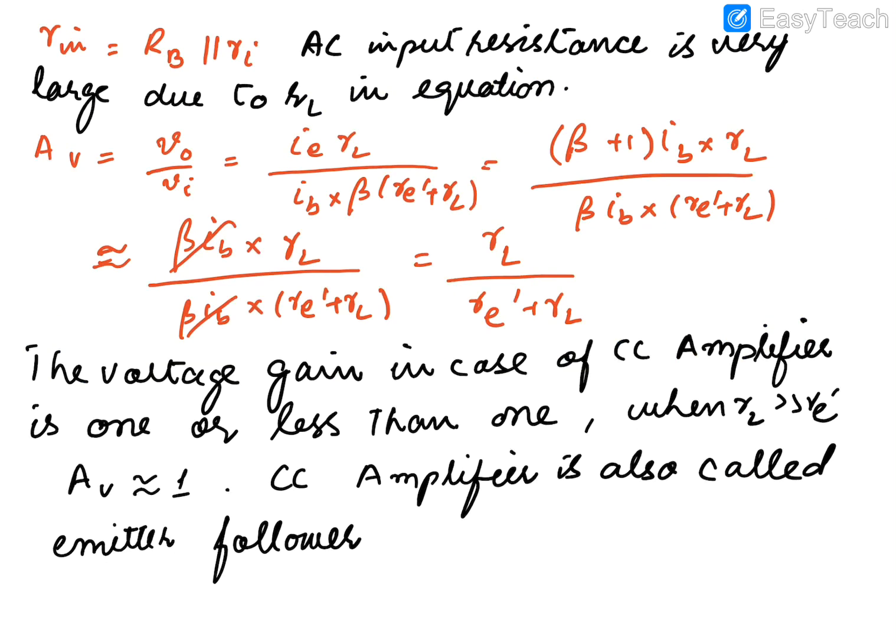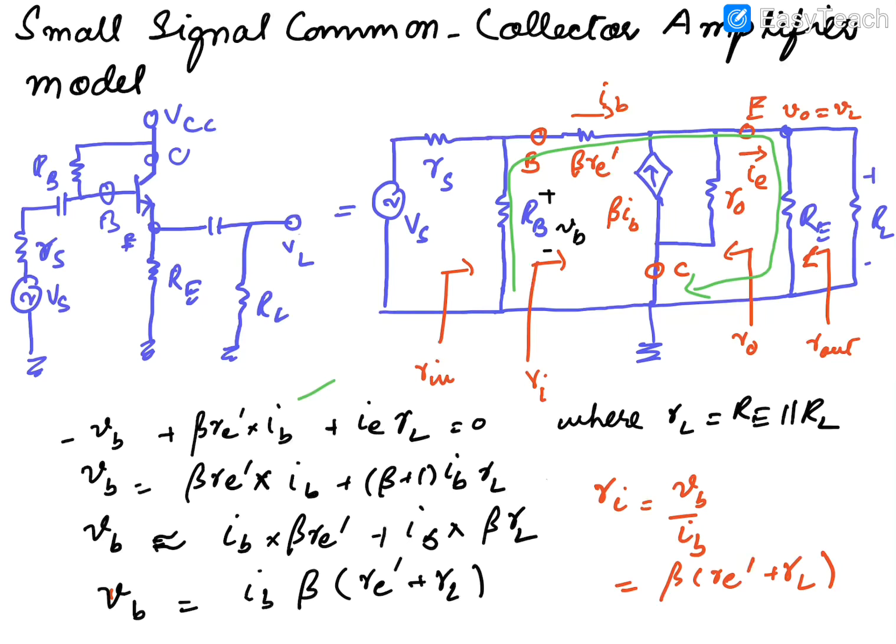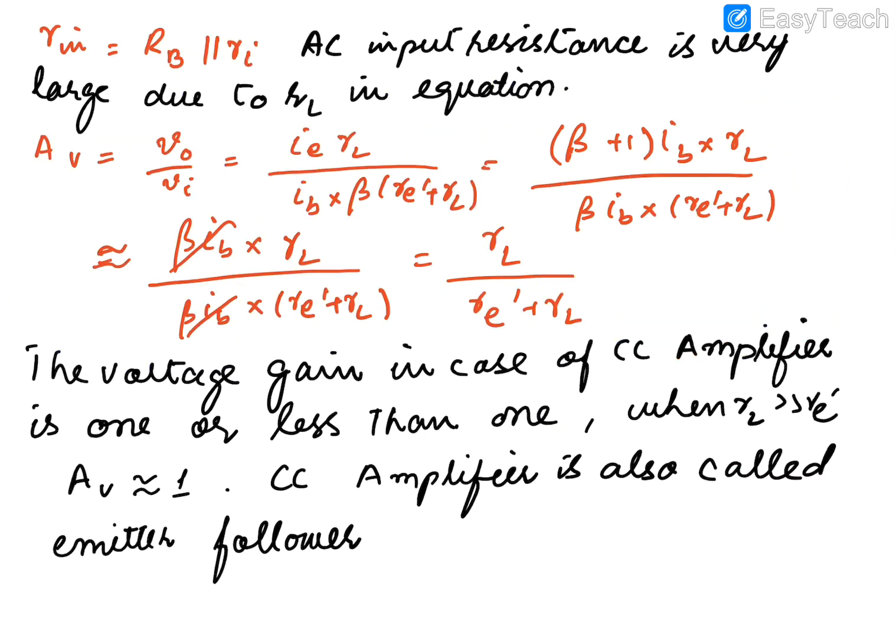The input stage resistance is basically at this side, which is equal to RB parallel with RI, and by putting the value of RI we can find the value of Rin. Also the open loop voltage gain is equal to V0 over Vi.